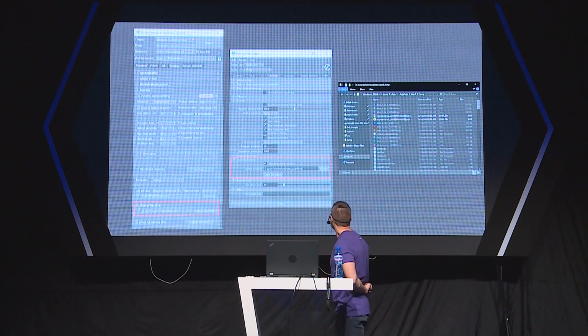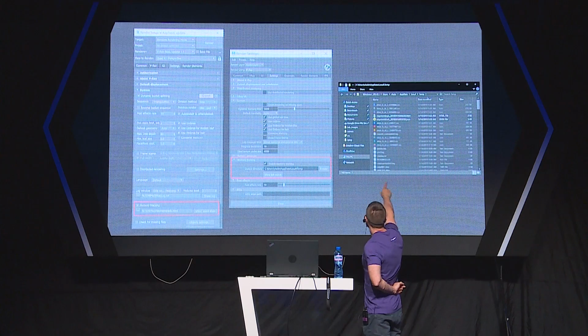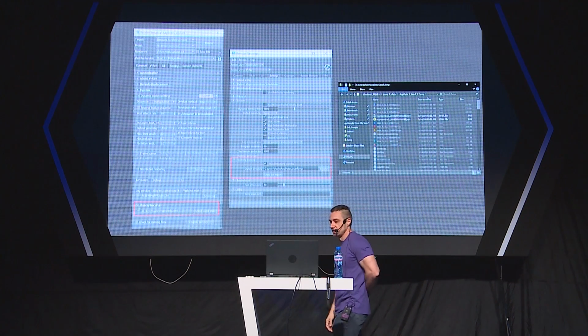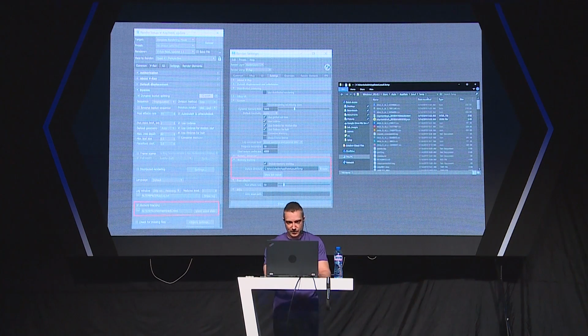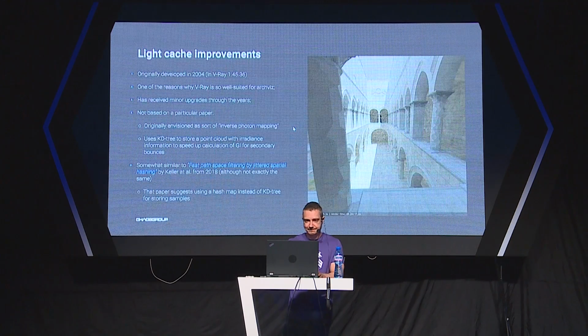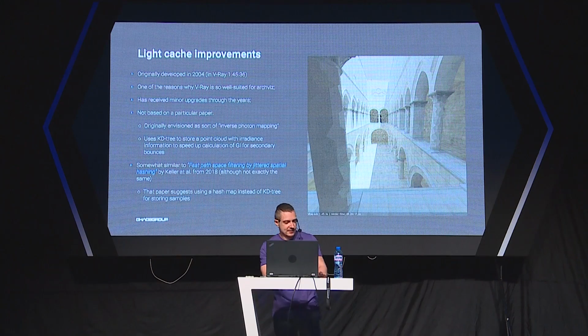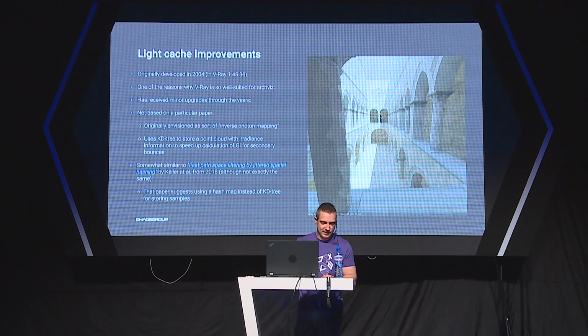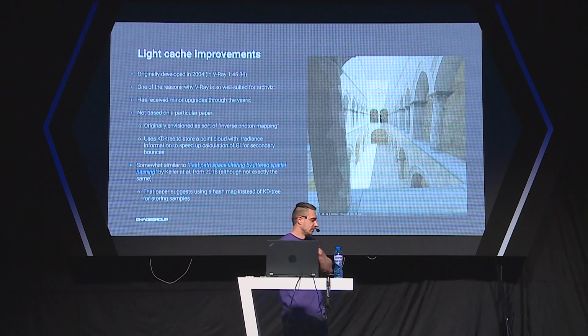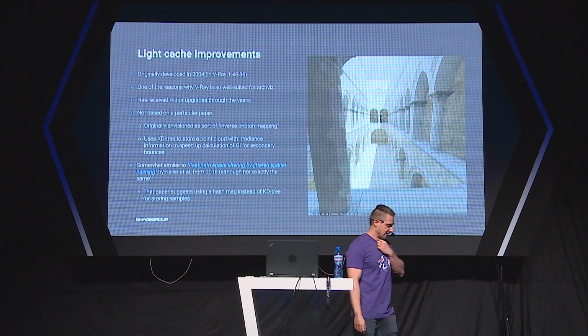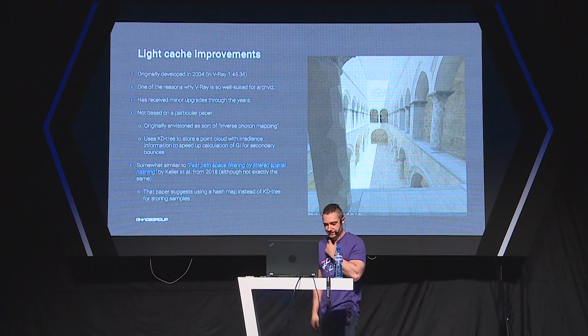And as a result, you get the two files, HTML and JSON, in the folder that was specified. That's it for the memory tracking. I hope that it will be really helpful, and like I said, it actually is useful for us to improve the memory usage in V-Ray itself.